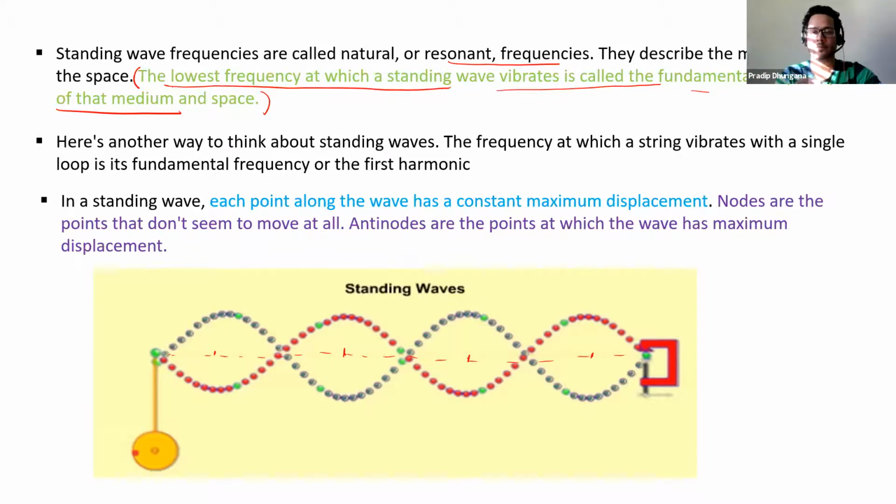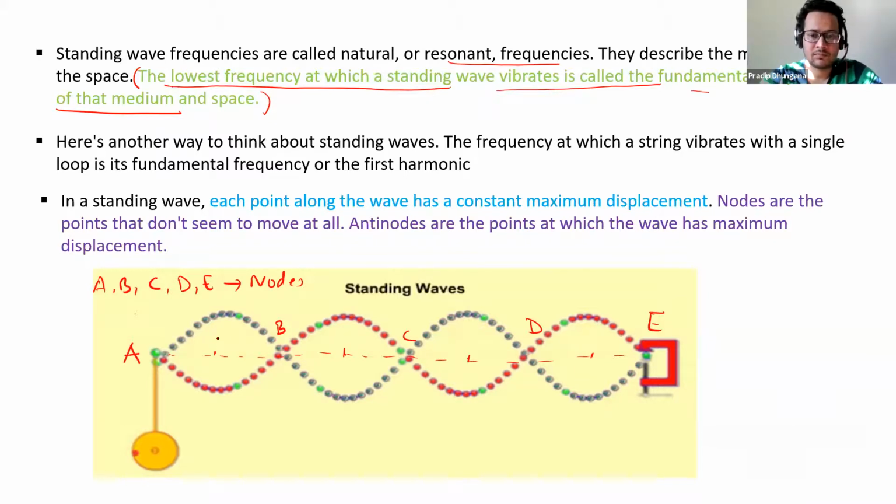Make this diagram along with me. I'll write A, this point is B, C, D, E. Those points A, B, C, D, E are nodes, and you can see those points are not moving, and the displacement is zero.